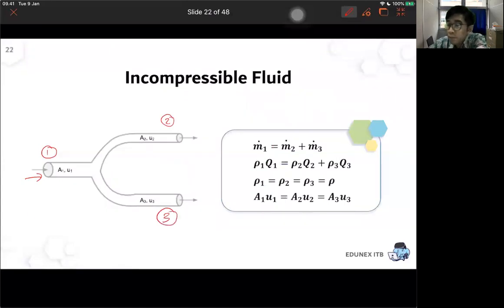So just remember that inlet mass flow rate equals outlet mass flow rate. So you have this one. And then mass flow rate is density times volumetric flow rate. You have the second equation. Then if the density is constant, then you have the final equation. This one should be plus.